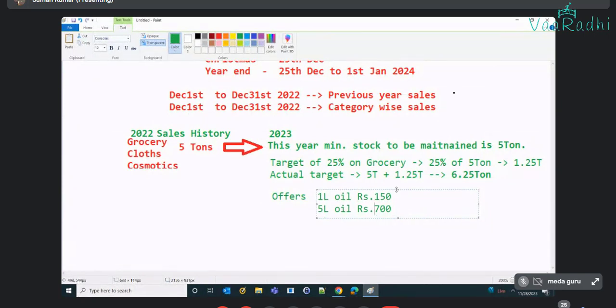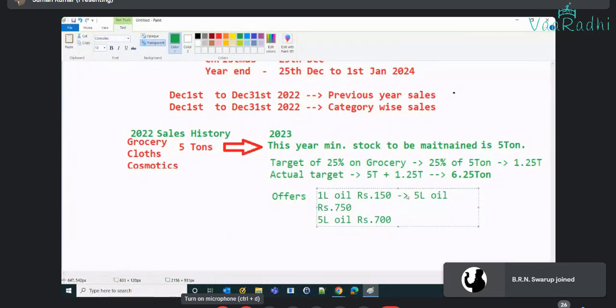What will be the saving, guys, for the end customer? With 1 liter price at 150 rupees, 5 liters will become how much? 750 rupees.